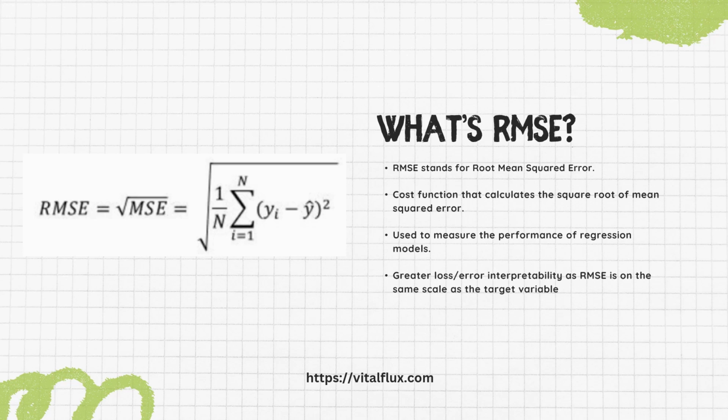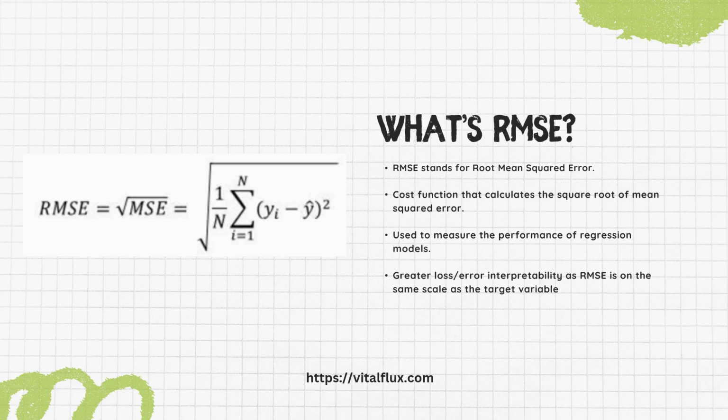Now that we have learned about MSE, let's look at a closely related metric, which is RMSE. It is short for root mean squared error. RMSE, as you're seeing in the formula here, is calculated as the square root of MSE.